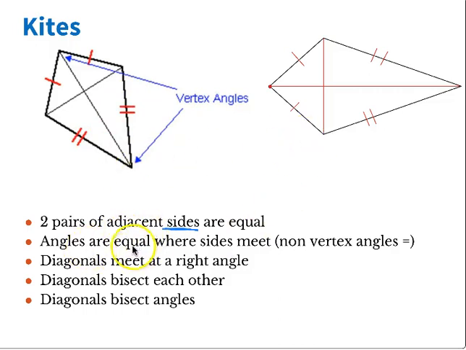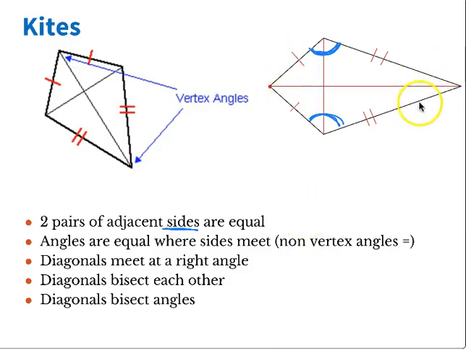The angles are going to be equal where the unequal sides meet. So this angle here and this angle here are going to be equal. Our non-vertex angles are equal. These are the only set of congruent angles.